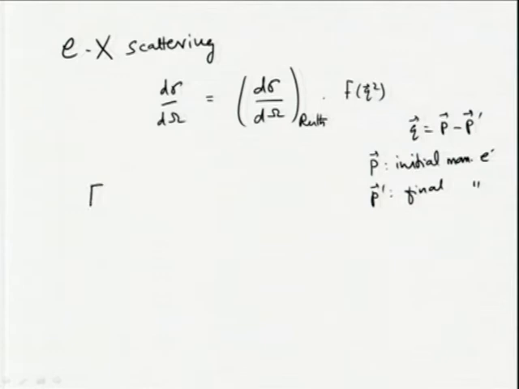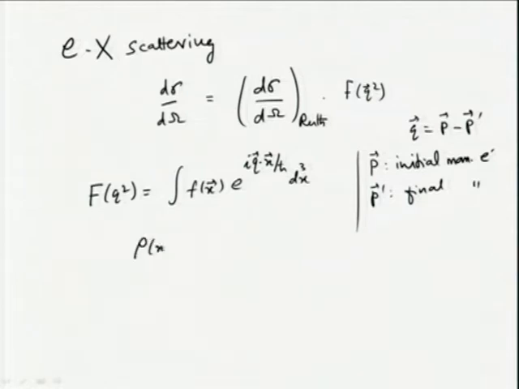And this form factor f is related to a function f times e to the i q dot x over h cross, or it is actually the Fourier transform of the function f x, where f x is related to the charge distribution rho, which can now be written as Z e times f x.